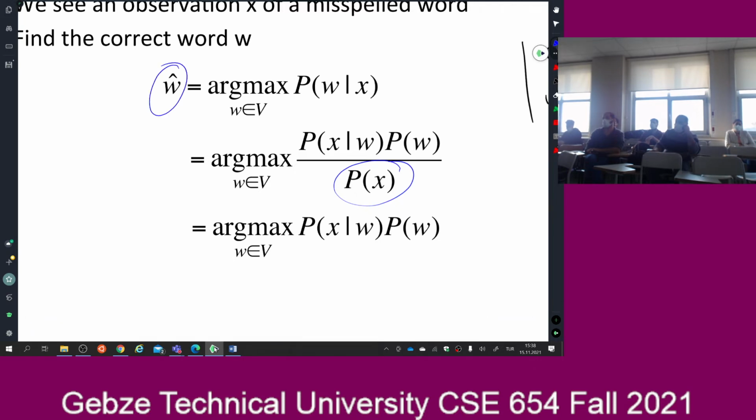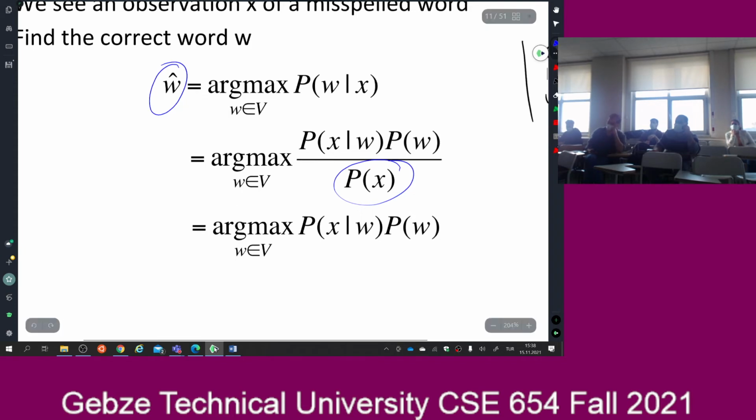This is like a loop, right? I am testing all the W's in my dictionary, one by one. So I am changing this W and testing it and producing all those P's, and I'm going to choose the largest P. While doing this, I am not changing the denominator at all.